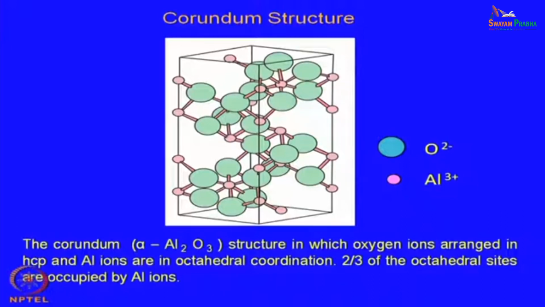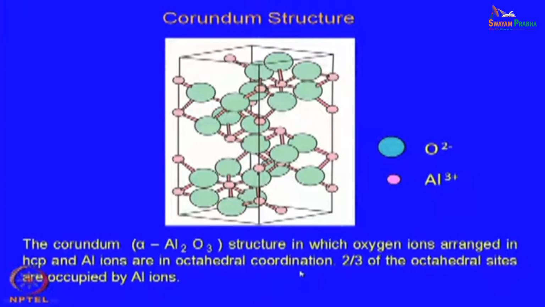or an FCC structure, the face centered cubic structure, both of them are close packed structures, and there are as many octahedral sites as there are oxygen sites. Okay. So, if oxygen creates an HCP structure, the number of oxygens in a unit cell will be the same as the number of octahedral sites, because we have seen earlier the number of octahedral sites and the number of anions are the same in the FCC structure.